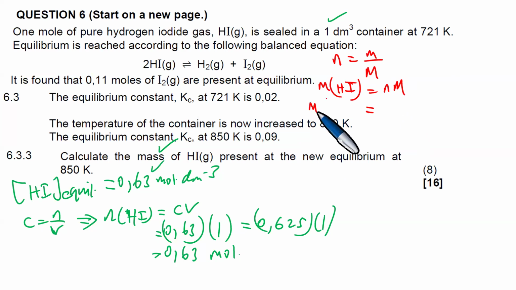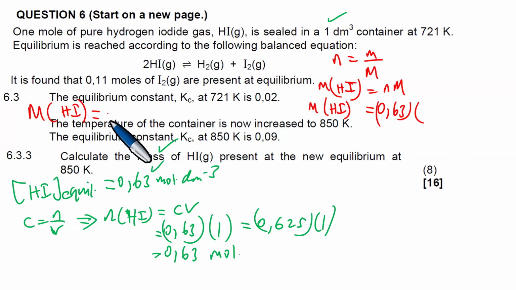So the mass of the hydrogen iodide is the number of moles, we can use 0.63 or 0.625, and then we multiply by the molar mass. Okay, what is the molar mass of hydrogen iodide? It's the molar mass of hydrogen.